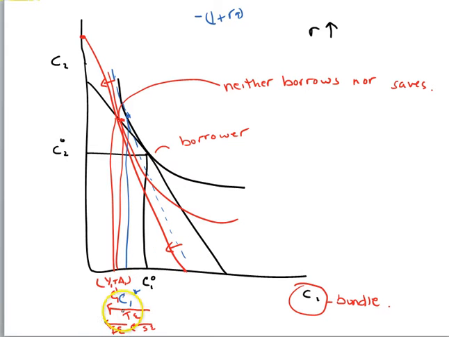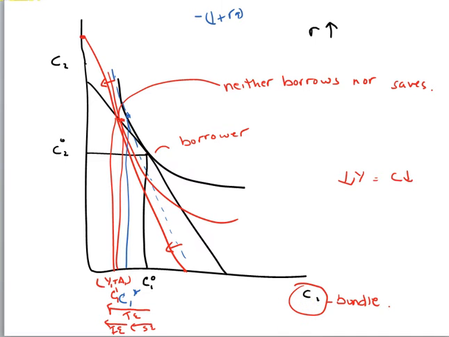If income is a normal good and income decreases, that means consumption must decrease. And we can see for borrowers, when interest rates rise, they will consume less in year one overall. So there you have it, a rise in interest rates for borrowers.